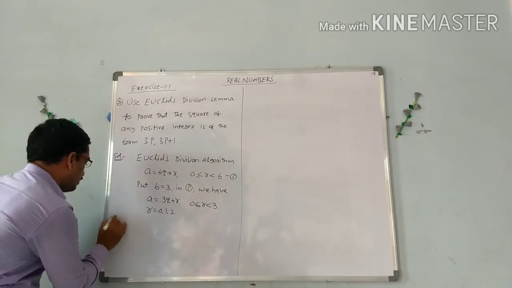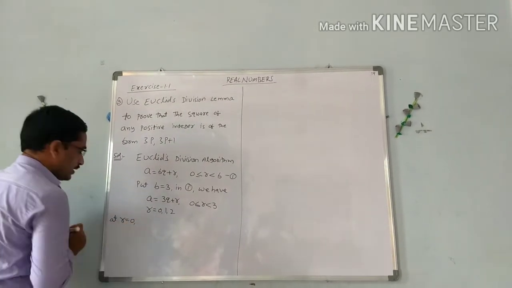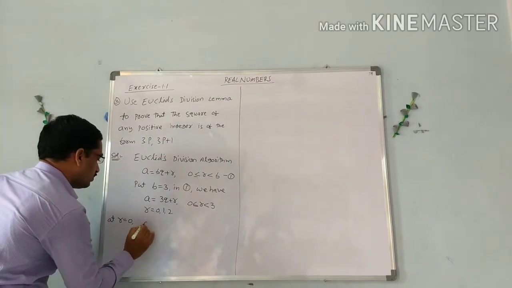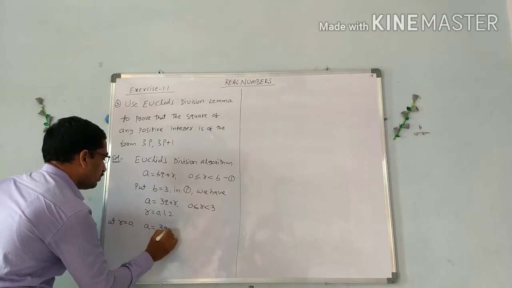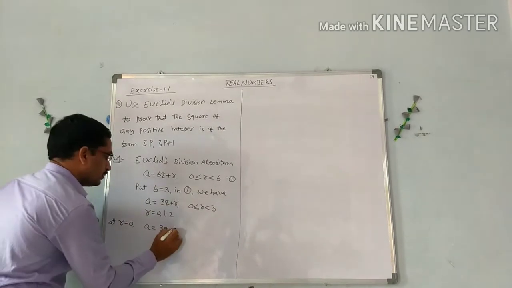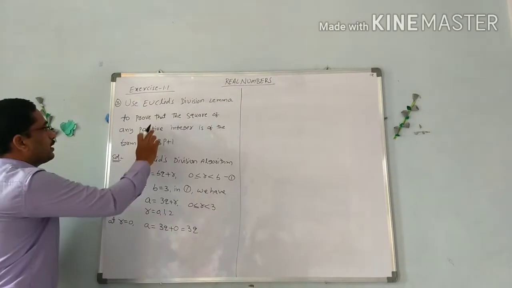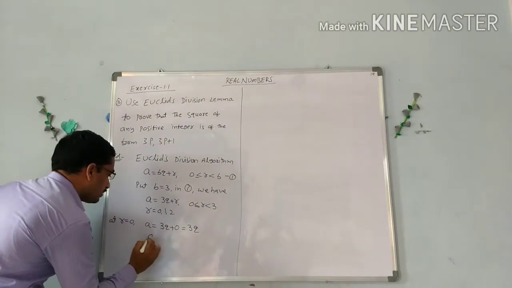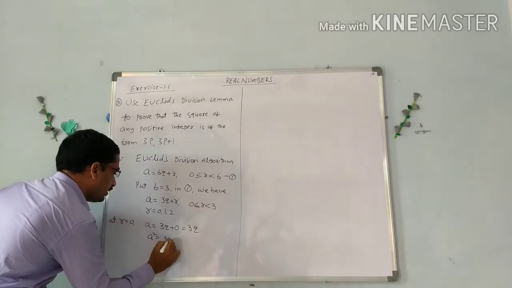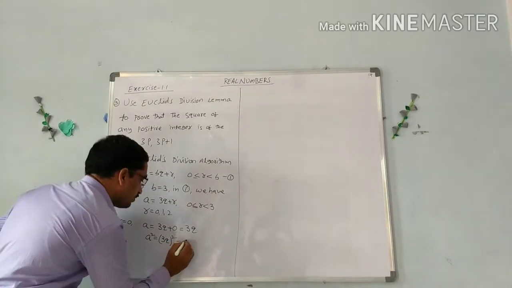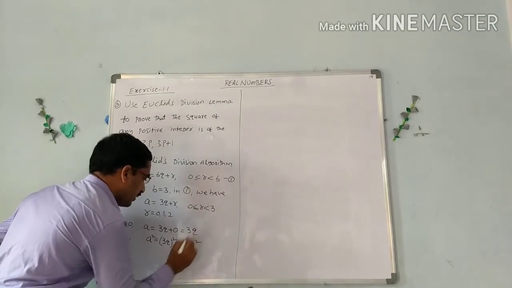First at r equal to 0, a equal to 3q plus r, r value 0, so this becomes 3q. Now we need the square value, so a square equal to 3q whole square, that is 9q square.